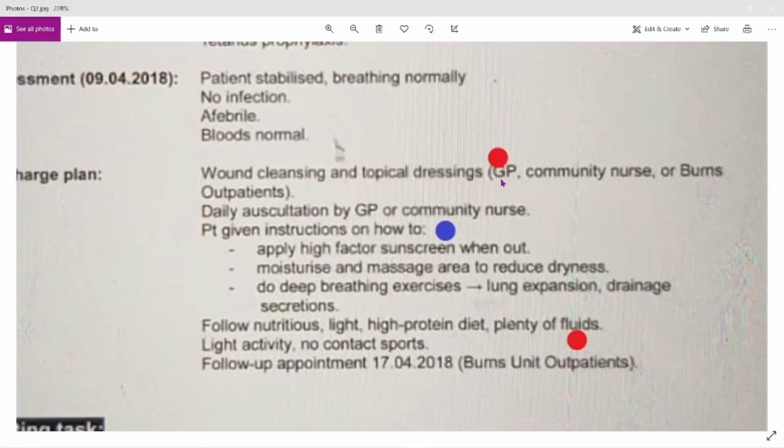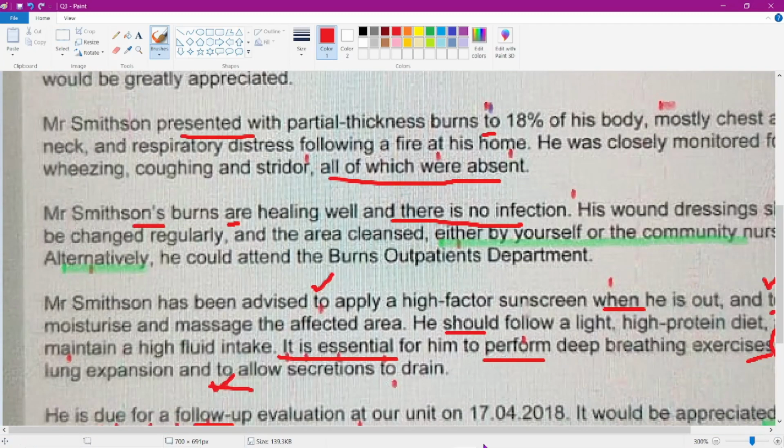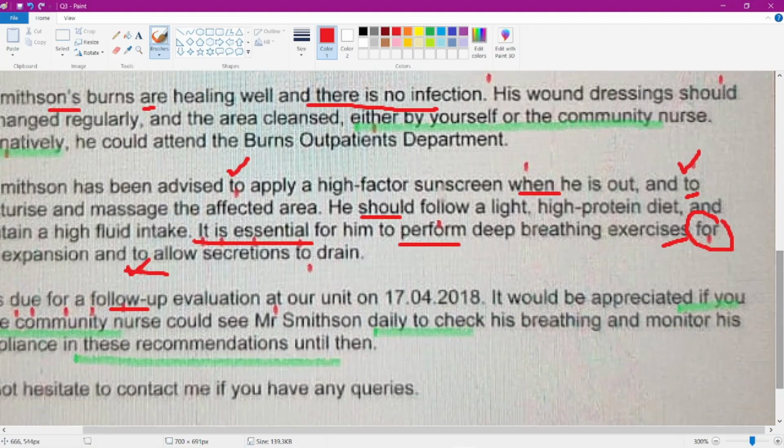Here it is GP, community nurse. How did they change GP or community nurse? It is like this: if you or the community nurse. They just used 'if you'.